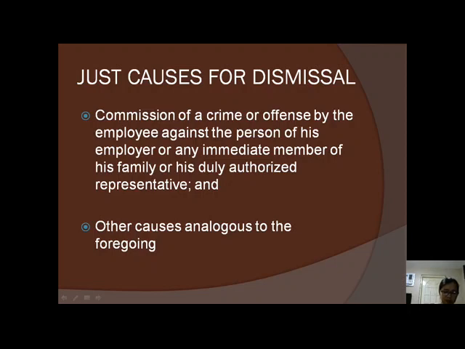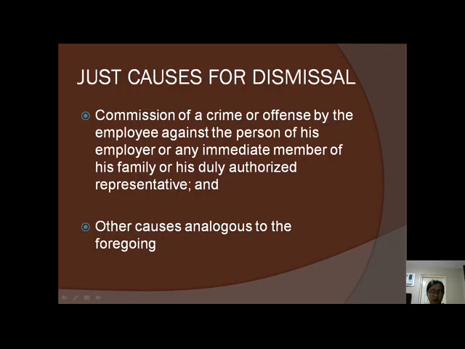Okay, so again, it's very important to really assess, no, the case of the employee, if the cause of the termination falls under these just causes, for the dismissal to be valid.